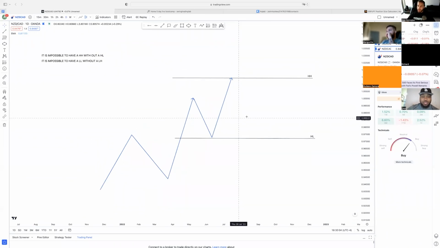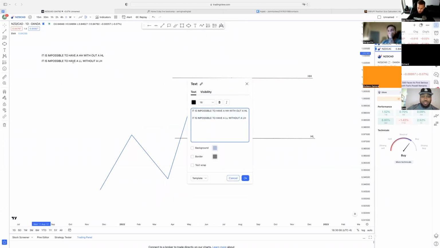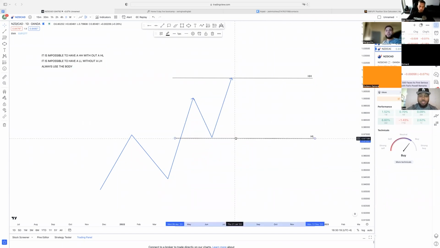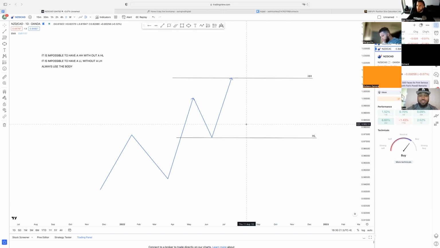For the higher high and the higher low, do you use the wick or the body? Always use the body. We are always using the bodies for this because that is market structure. The wicks are not market structure, right? If you guys are with me, type 1. If you aren't, type 2.